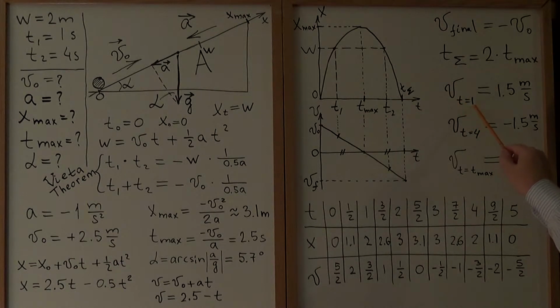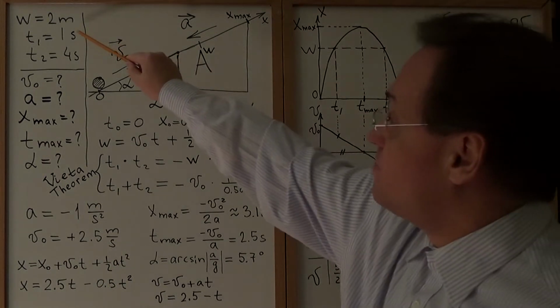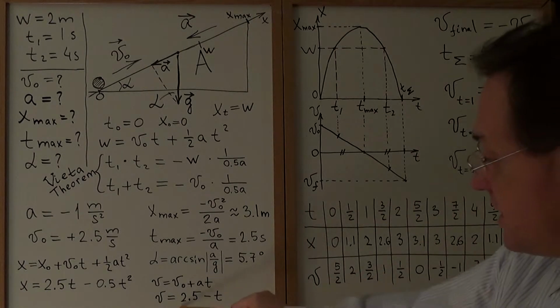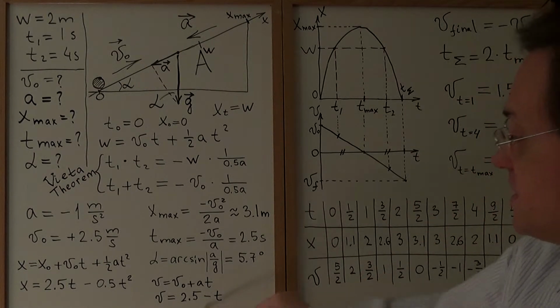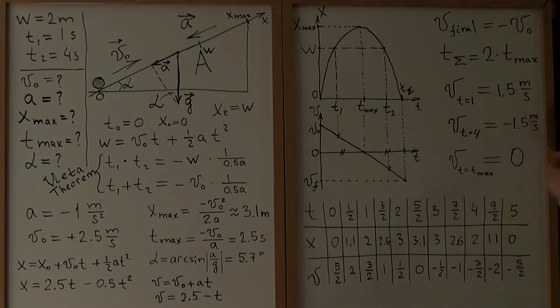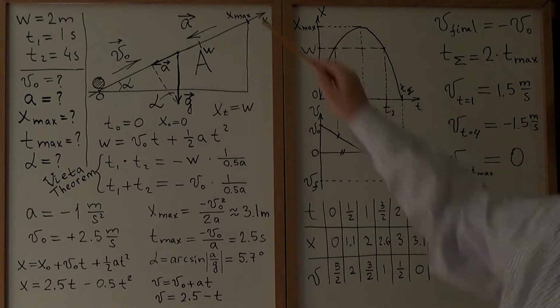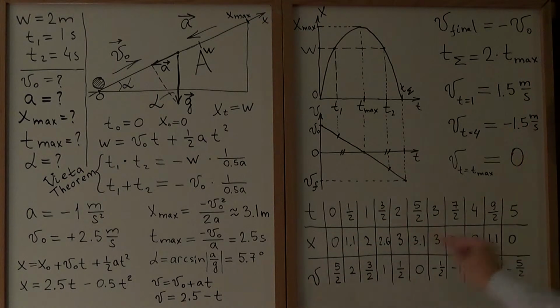Velocity when t equals 1 at this point is easily calculated from this formula here. Velocity at t equals 4 is easily calculated from this formula of the linear function here. And velocity at the maximum point will actually be 0. It is easily calculated from here as well.